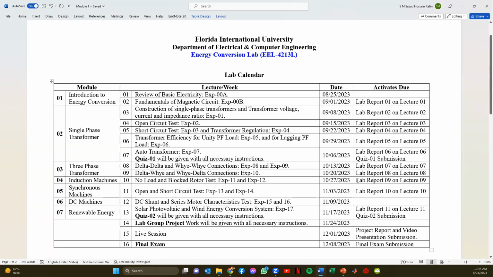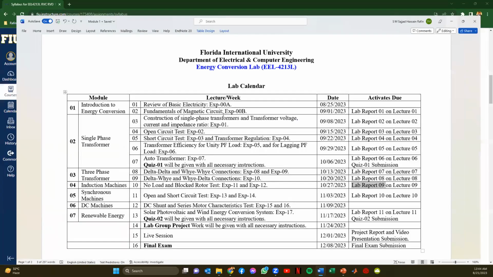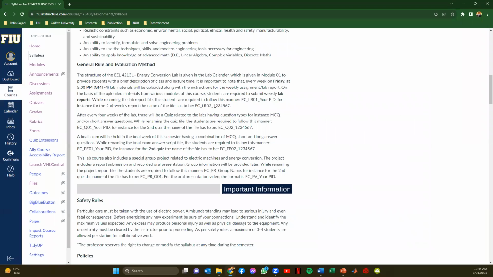If you're going to submit this one, then it will be LR09, underscore your Panther ID. I know you all have your Panther ID. This is very crucial: rename the PDF file that you're going to upload like so.